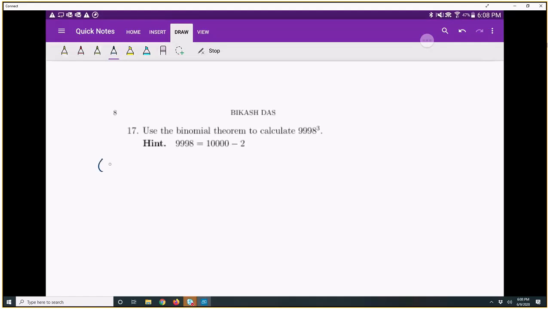So 10,000 minus 2 to the third power is going to be the sum, k from 0 to 3, of 3 choose k of 10,000 to the power 3 minus k times negative 2 to the power k.